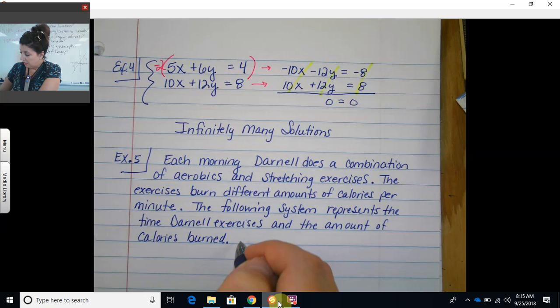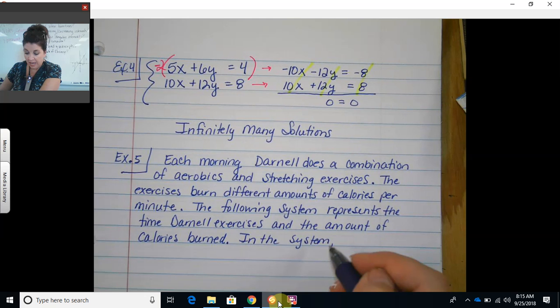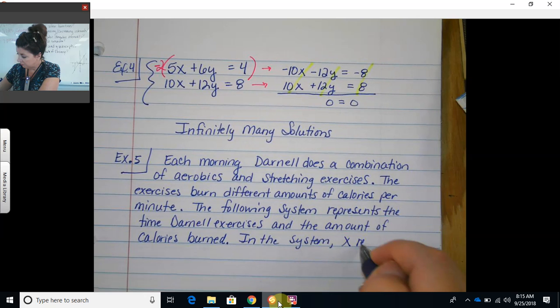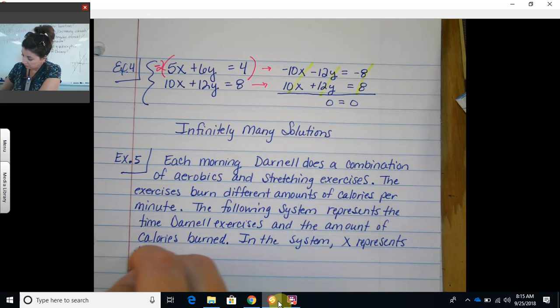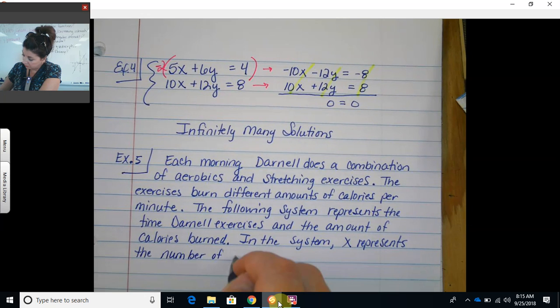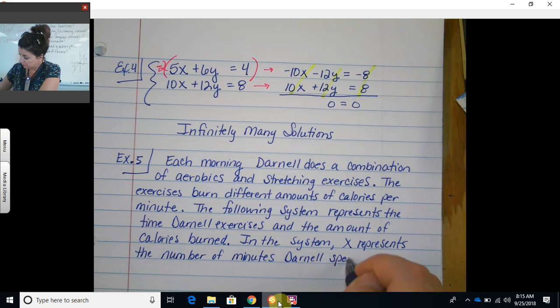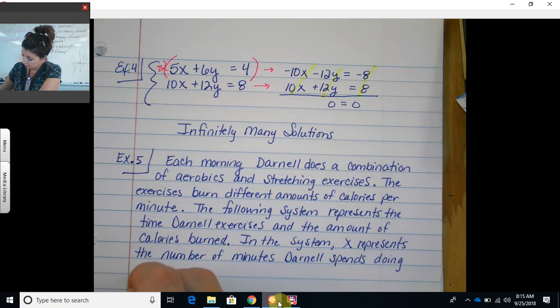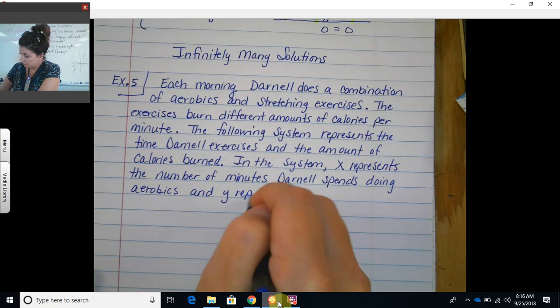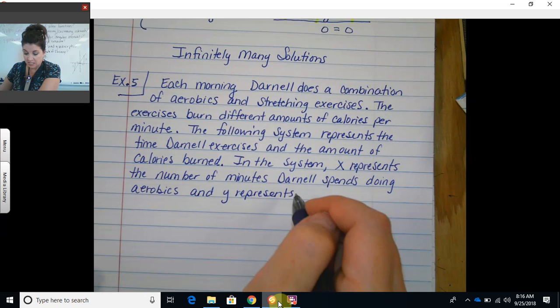In the system, X represents the number of minutes Darnell spends doing aerobics, and Y represents the number of minutes he spends stretching.